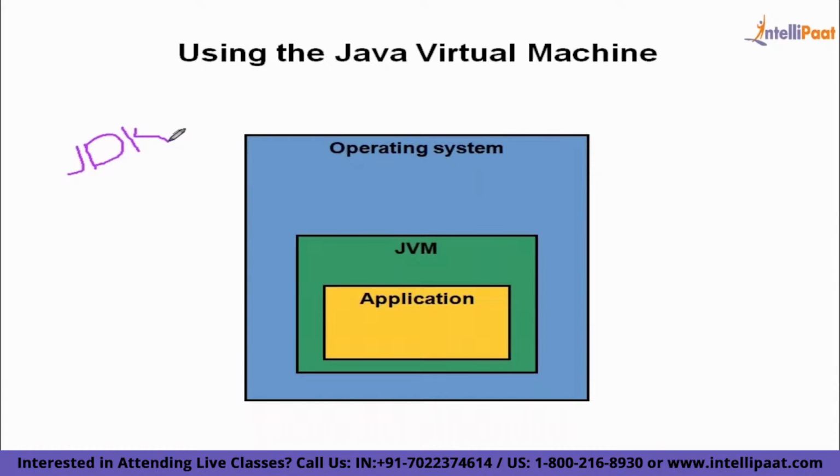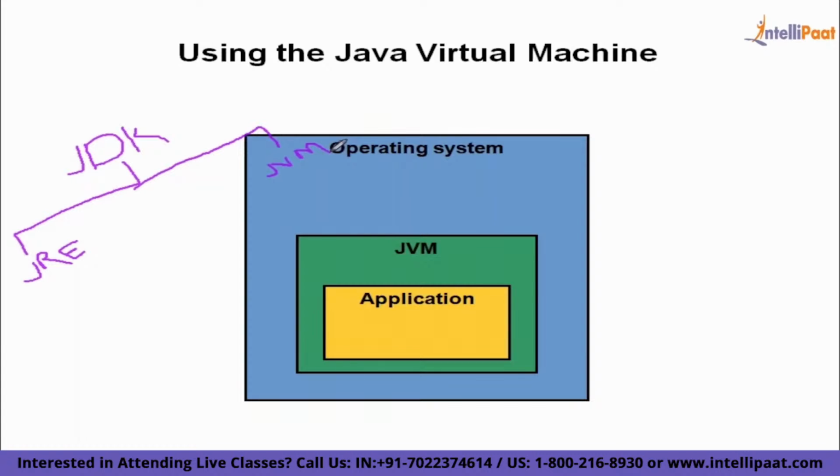Now, what is your JDK comprising of? My JDK is comprising of two more entities within itself, and they are the JRE, runtime environment, and the JVM, virtual machine. Now, let me explain why these two are required.